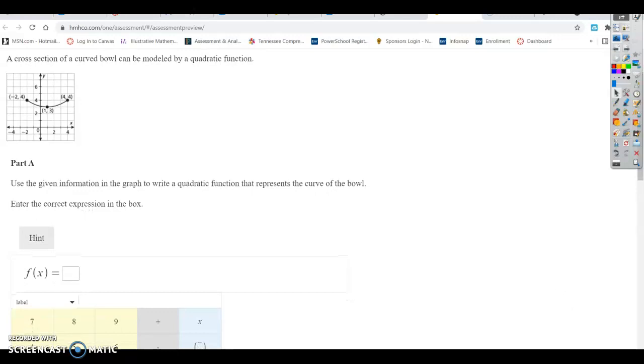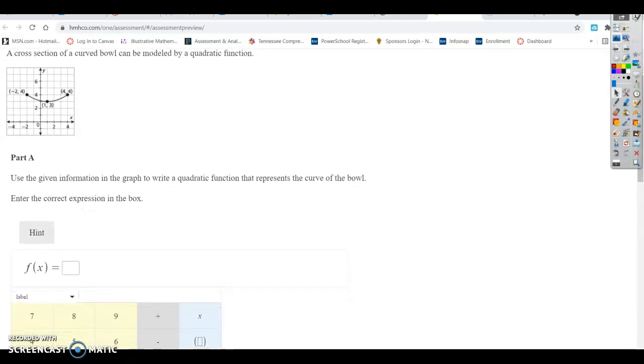All right, a cross-section of a curved bowl can be modeled by a quadratic function. Use the given information in the graph to write a quadratic function that represents the curve of the bowl. All right, so very similar. Remember, a quadratic is a U-shaped graph.